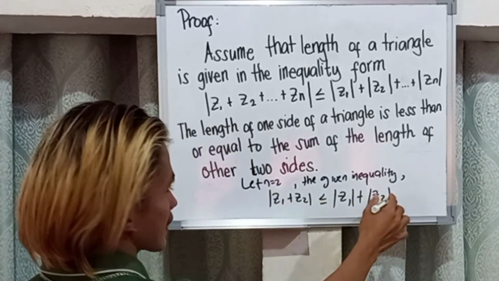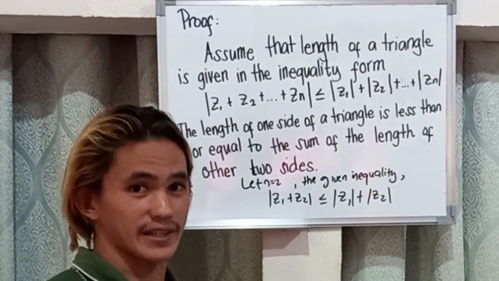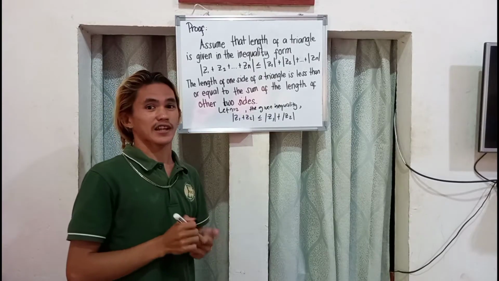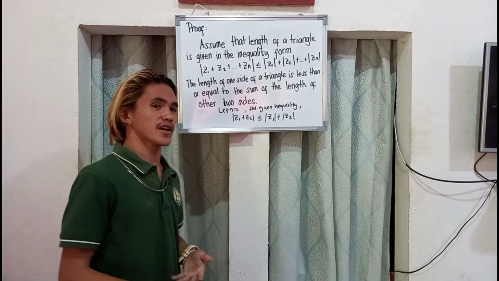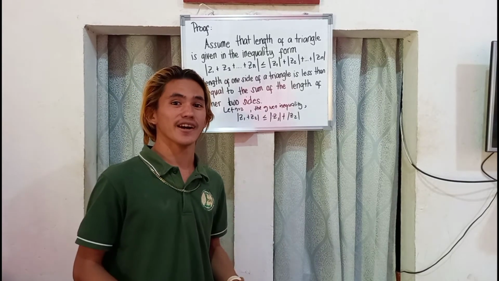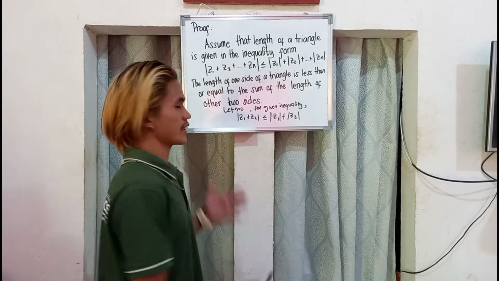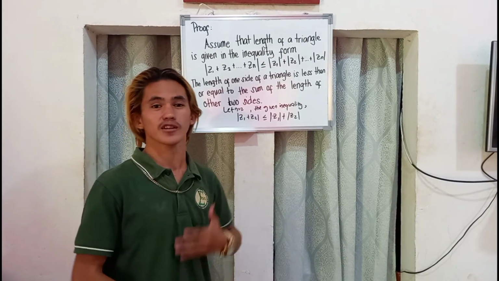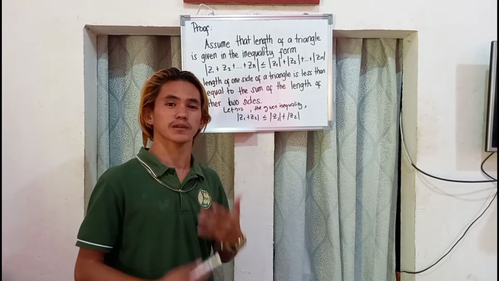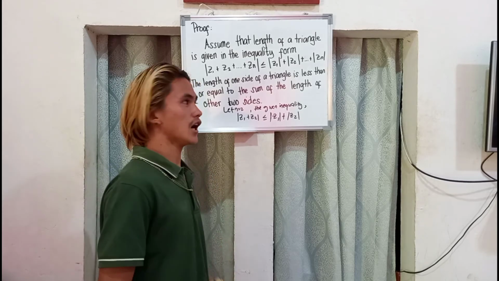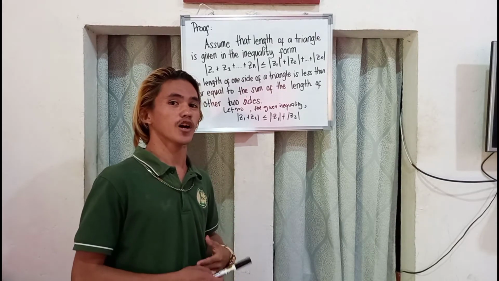This kind of inequality is called the triangle inequality of a complex number. To give you the picture of what I am talking about, I will give the board to Mr. Rommel Saing, and he will explain further about the triangle inequality of a complex number.